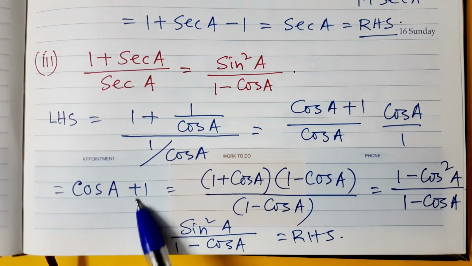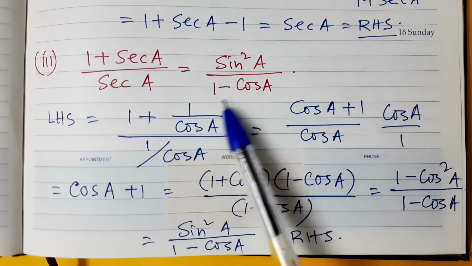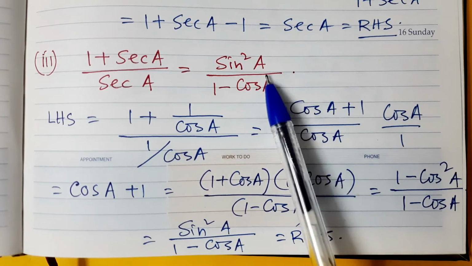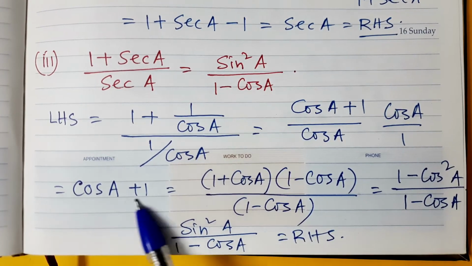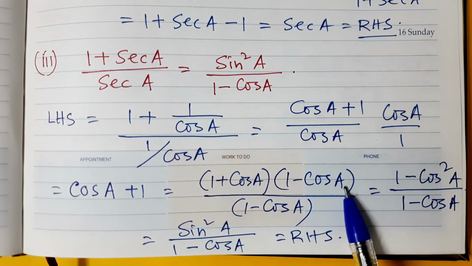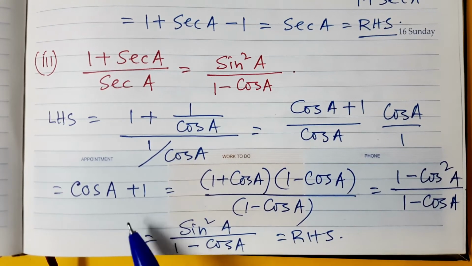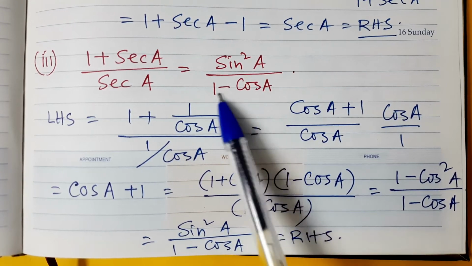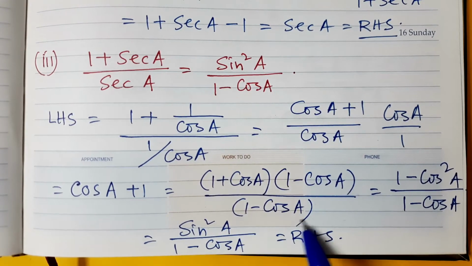Fine. Now see here, in the right hand side there is 1 minus cos A in the denominator, but we only have cos A plus 1. So we will multiply 1 minus cos A in the numerator as well as in the denominator. So 1 minus cos A, that is done. See here, this is matching, this is matching.